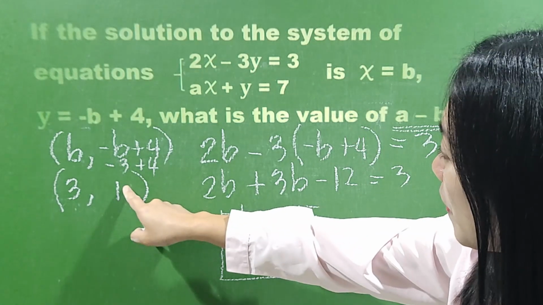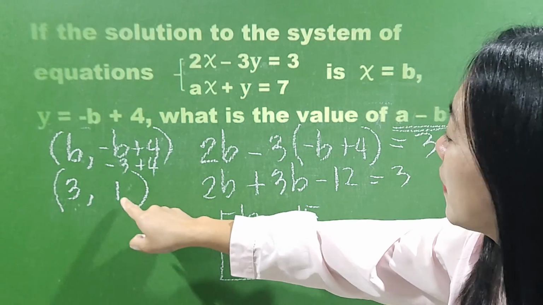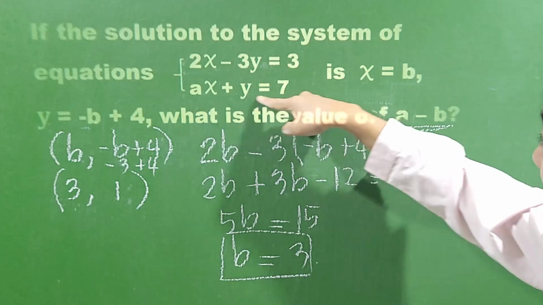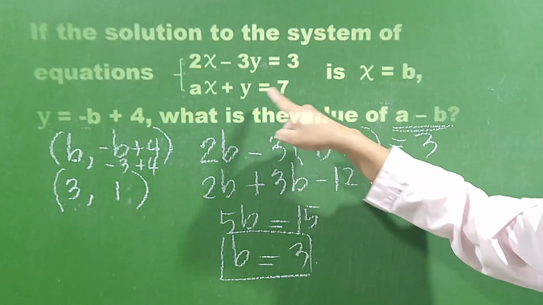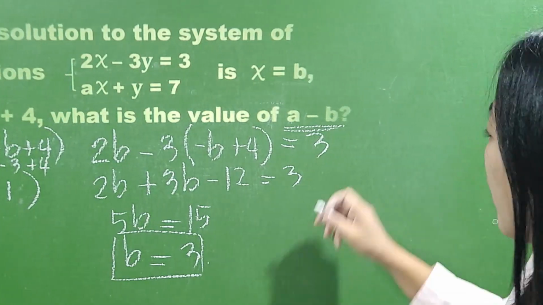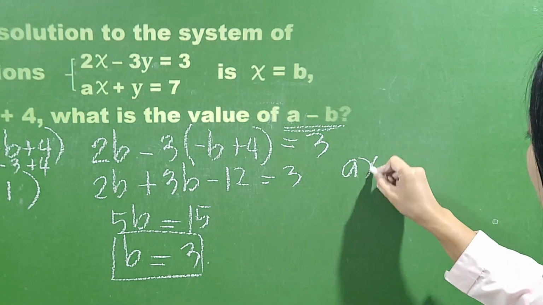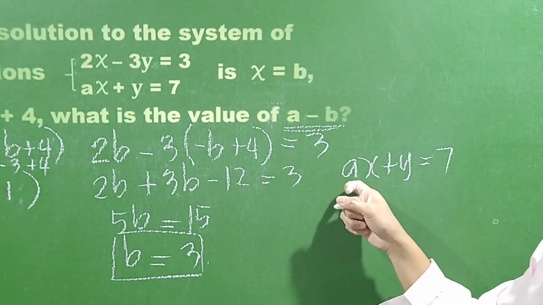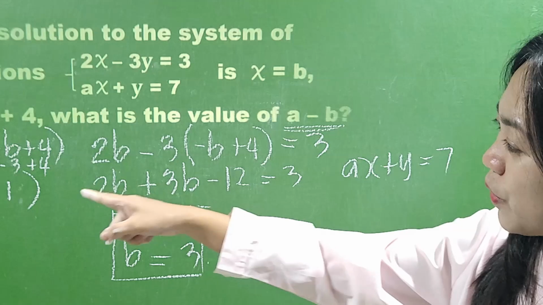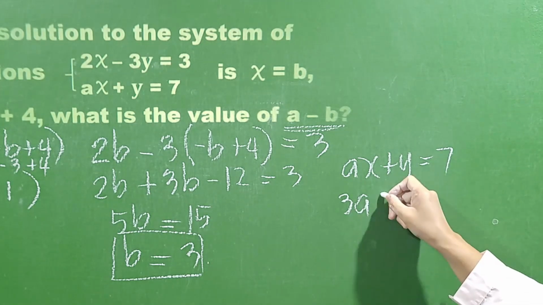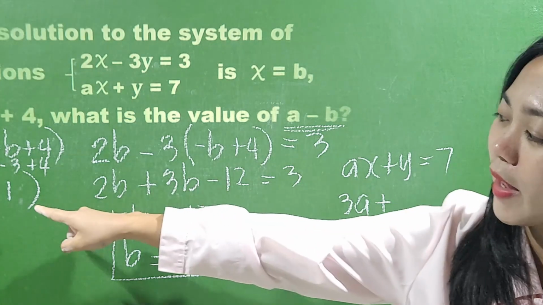Okay, now that we know y is equal to 1, we can now substitute this one in this second equation, which is ax plus y is equal to 7. So x is 3. So a times 3, that would be 3a. Okay, plus, what is y? 1.